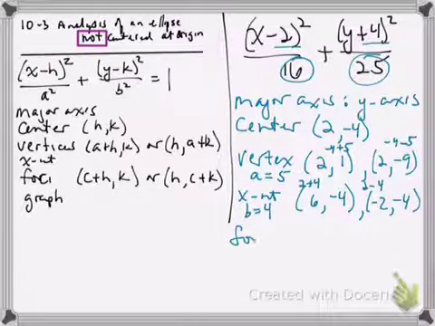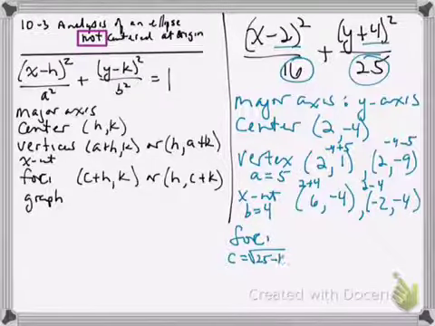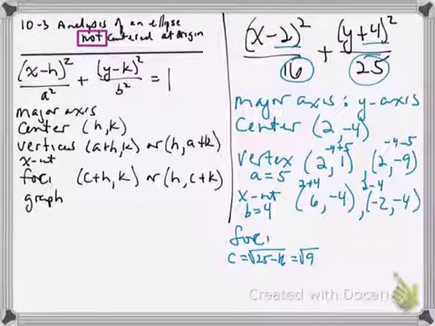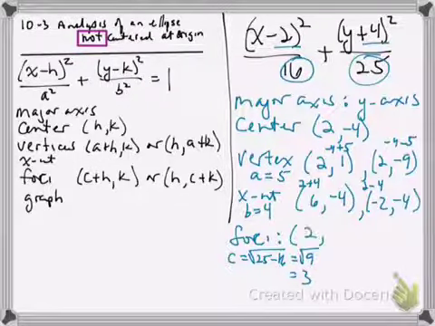And then finally the foci. For the foci, we need to use the c. So that would be the square root of 25 minus 16. So square root of 9, which of course is 3. And so the foci is going to be 2, because we're not changing that part, we're moving along the y-axis, or parallel to the y-axis.